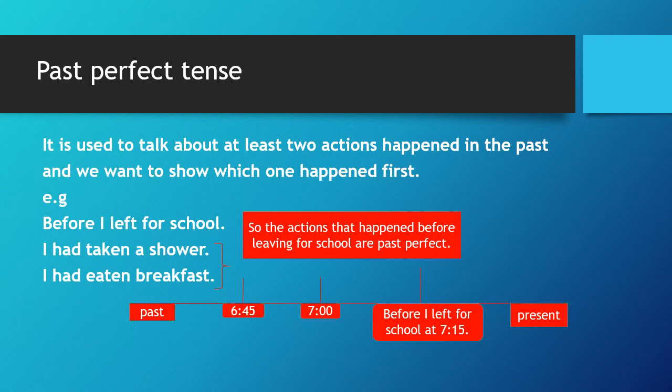So dear students, hope you understand it, that the actions that have been completed in the past, before leaving for school, we took a shower, we had done our breakfast as well. So the work that was completed before leaving for school is called past perfect, because it has been done exactly the same way as it used to be. Fine.